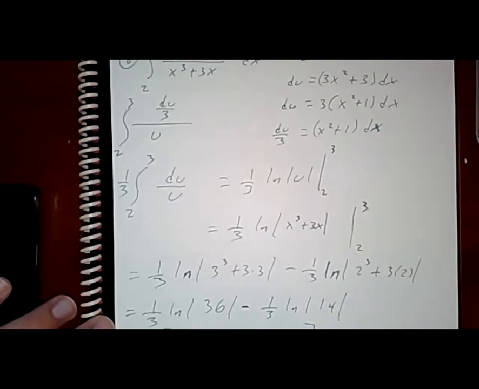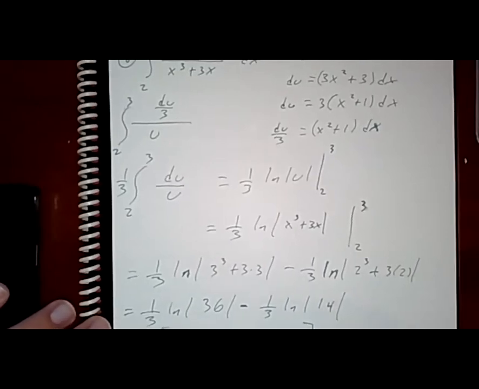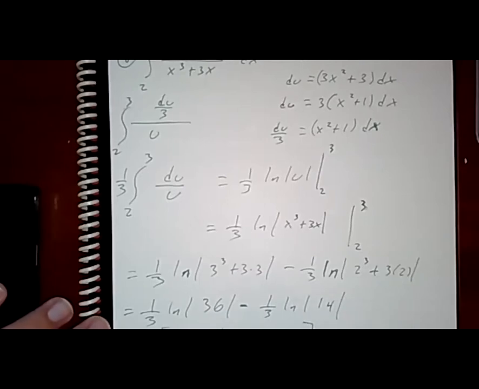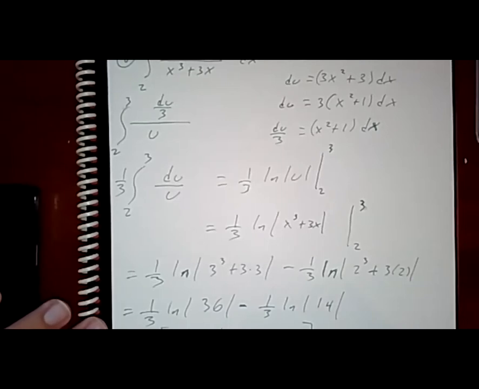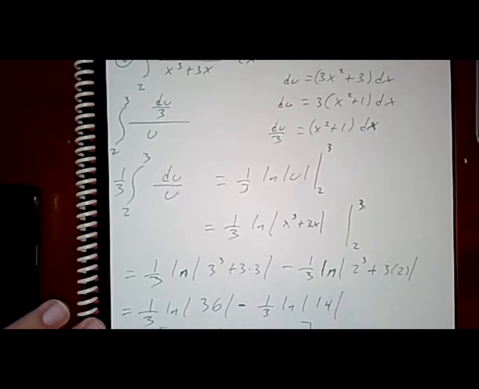Which reduces to what? 36 over 14. You said 36 over 14? Yeah. 18 sevenths, is that right? Eighteen sevenths. And that's it.